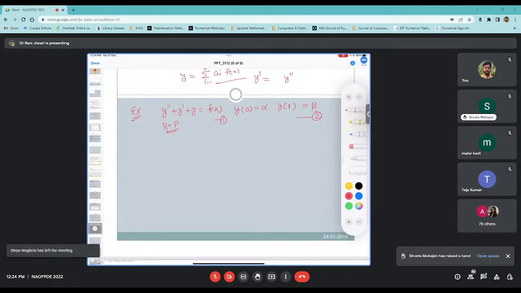Because the a_i are unknown, with the help of this linear system, after putting y dash and y double dash into equation one and using the boundary conditions, you can solve this system to find the unknown a_i. Then you put the a_i here and you will get the solution. Generally this happens in every method.